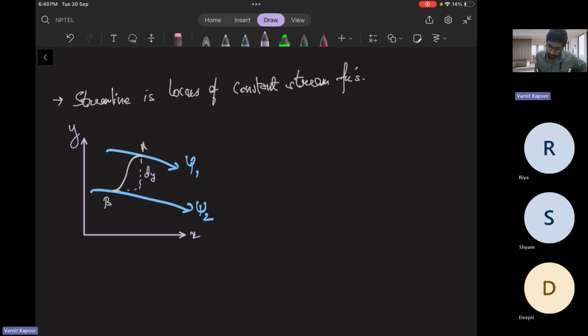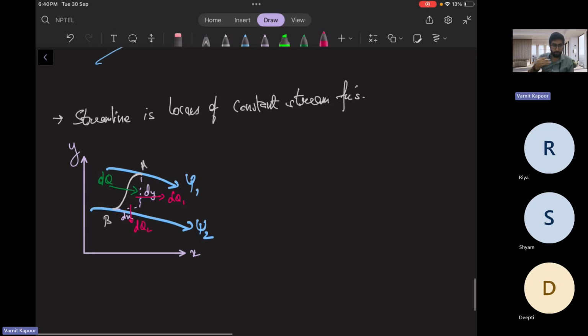This is the dy direction and this is the dx direction. So this discharge dq, across the streamline, will be bifurcated into two parts: dq1 in the y direction, and dq2 in the x direction.